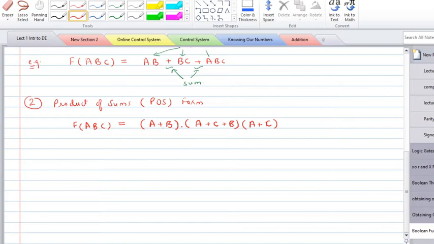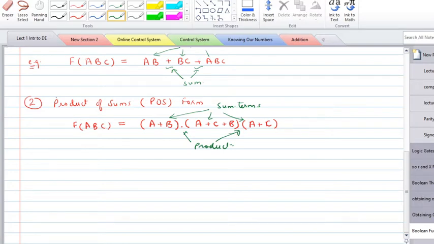So these are actually your sum terms, and here we are doing the product of these sums. That's why this is known as POS form.